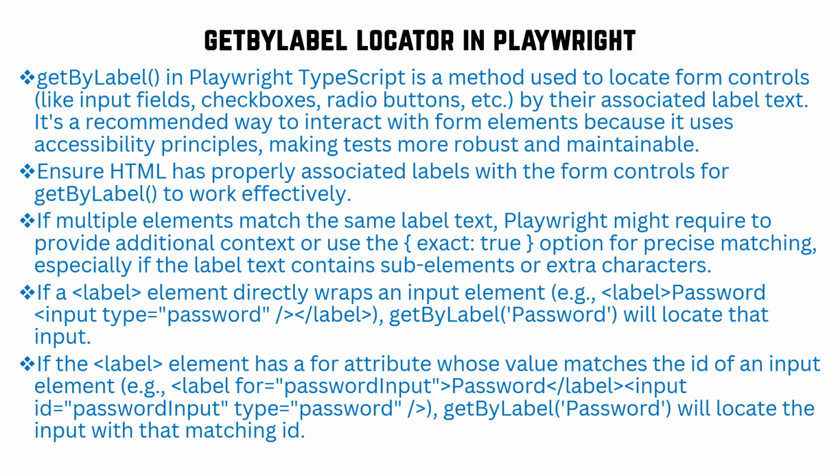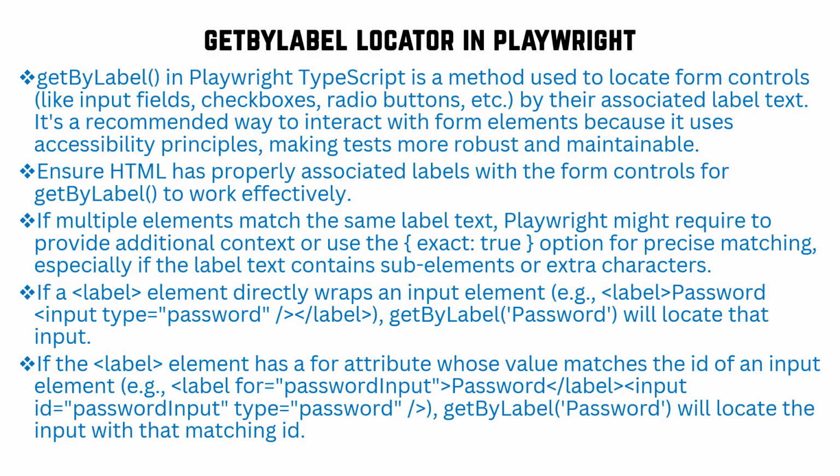Then the next one is get by title. Get by title in Playwright TypeScript is a method used to locate elements based on their title attribute. Definitely, that attribute should be available on the element, otherwise you cannot do it. This method is available on the page and frame locator classes. Get by title can be used when an element has a unique and descriptive title attribute, and other locators like get by role, get by text, get by test ID are not suitable.